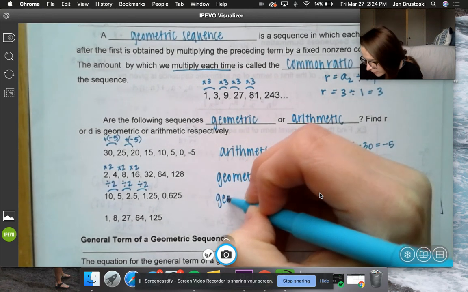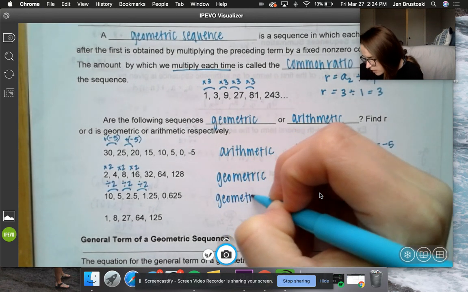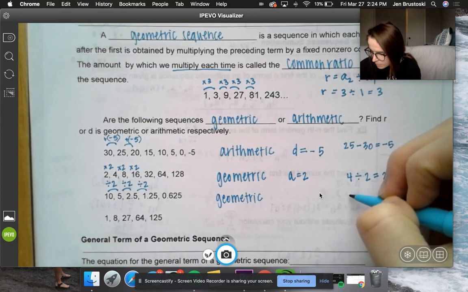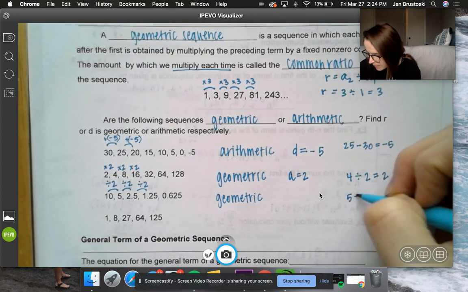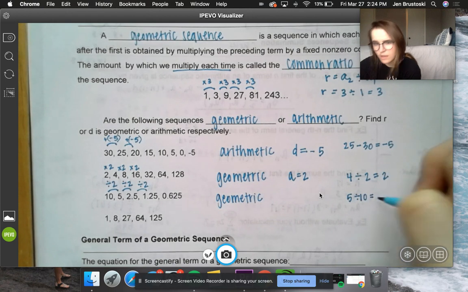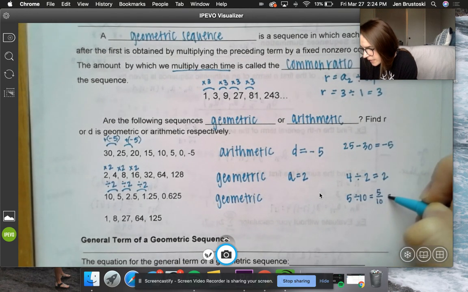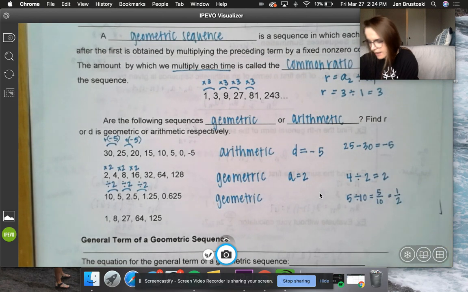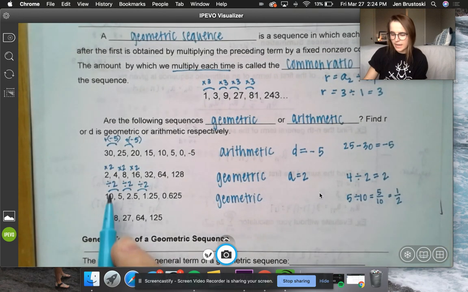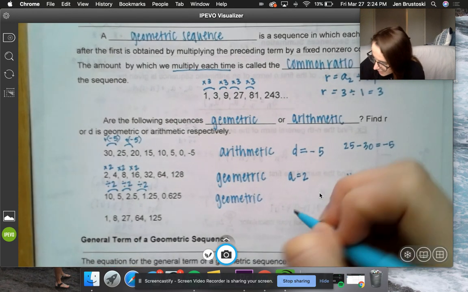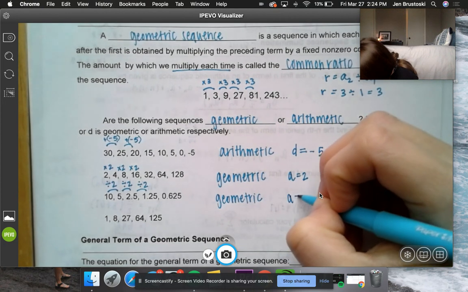We already know it's geometric because we're dividing. What I'm going to do is my second term divided by my first term. 5/10 as a fraction can be simplified to 1/2, which makes sense because dividing by 2 is the same thing as multiplying by 1/2. So we get that r is equal to 1/2.